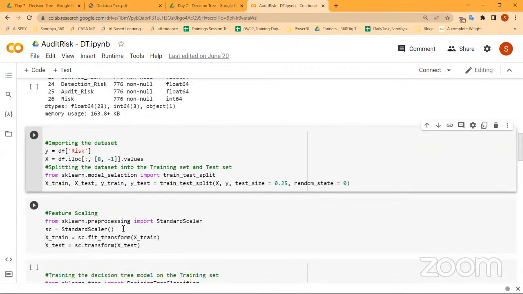Whereas machine-generated data, or data generated by humans, might not always be in a normal distribution. In that case, we have to normalize it, right? Or we can also standardize it. What is the difference between normalization and standardization?